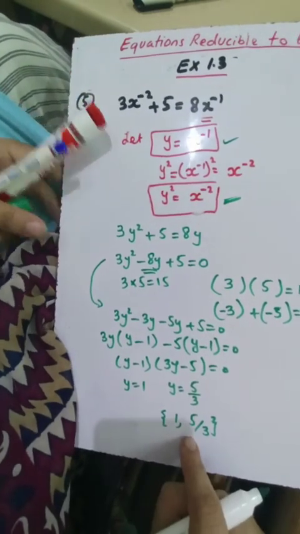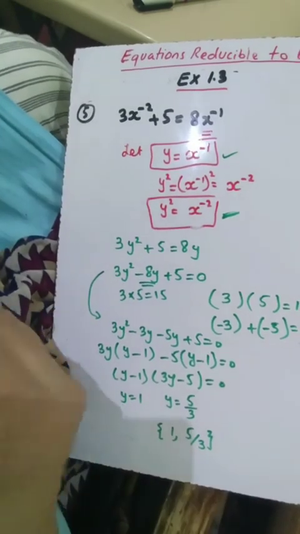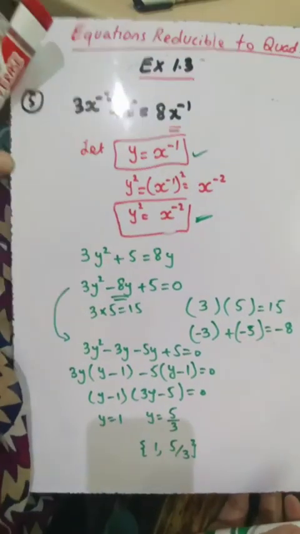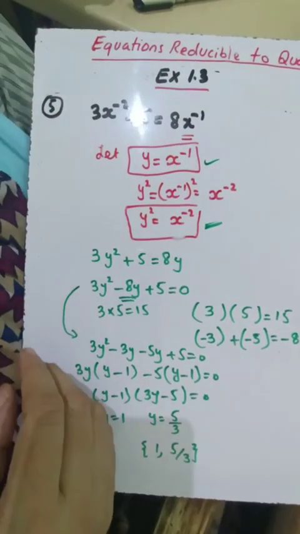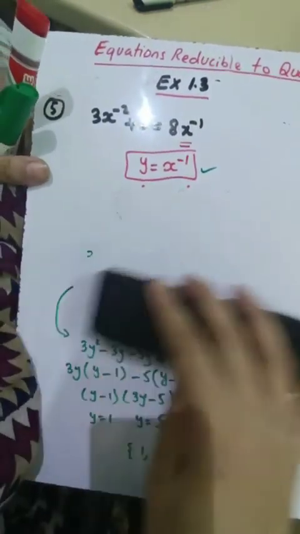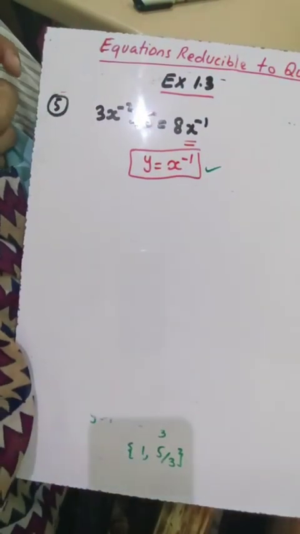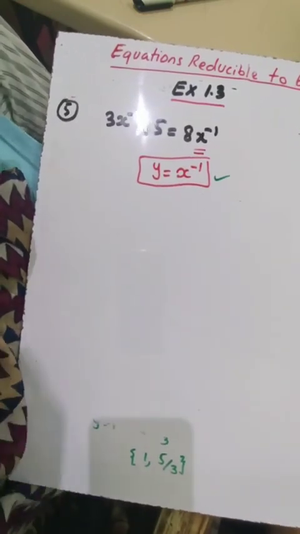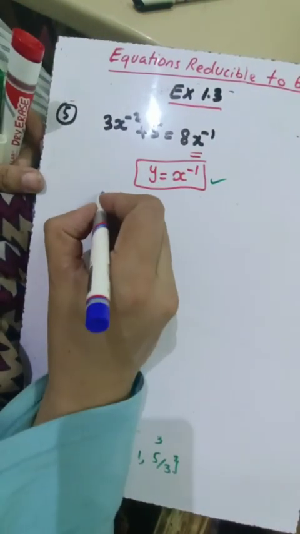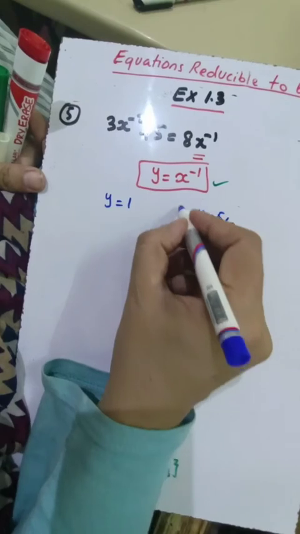Now I got the values of y. With the help of these two values I am going to get the values of x by using this equation. So we had two values, y is equal to 1 and y is equal to 5 by 3.